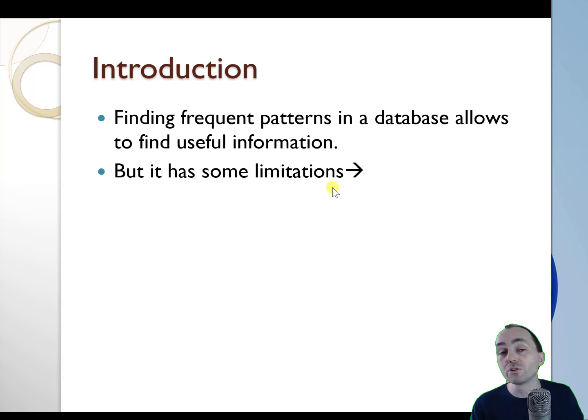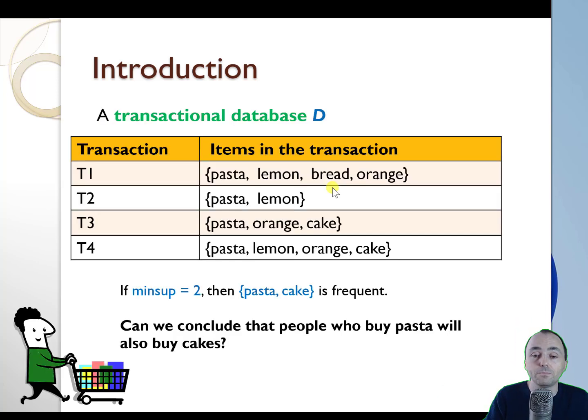So of course bread with anything else will appear frequently in your database, even if there's no real relationship. So this is a problem. Here, I show you this with another example. I have the same database that I have shown to you before.